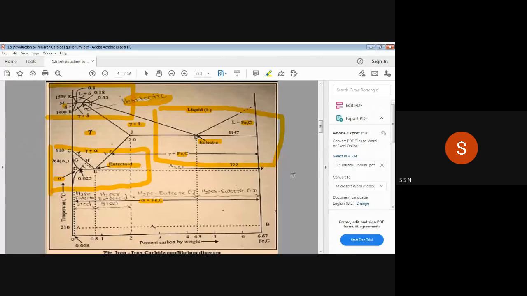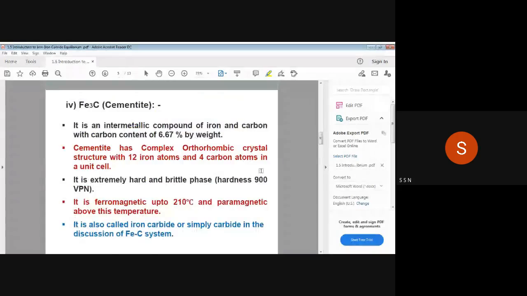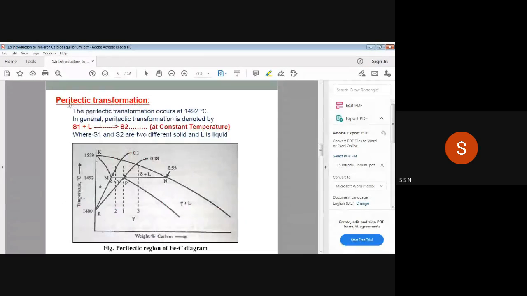So the first transformation we saw yesterday, that is the peritectic transformation. In that peritectic transformation, one solid plus liquid is giving another solid. S1 plus L is giving S2. Now here in the first upper block, you can observe it is at higher temperature and lower percentage of carbon inside the iron.